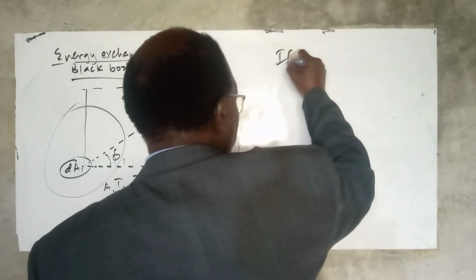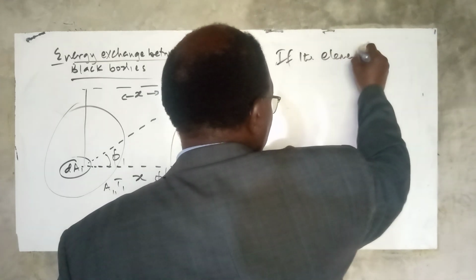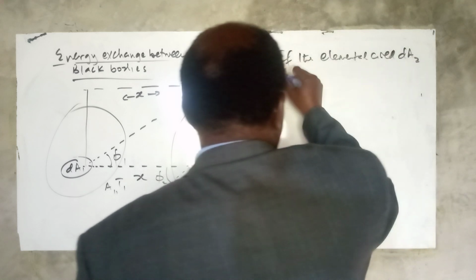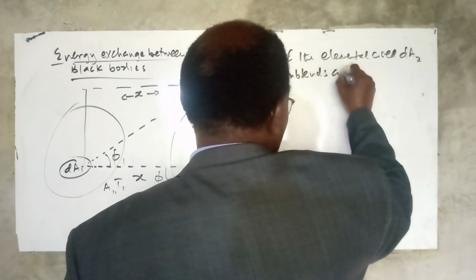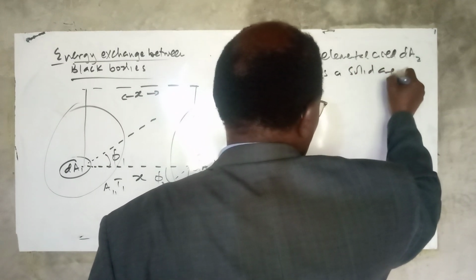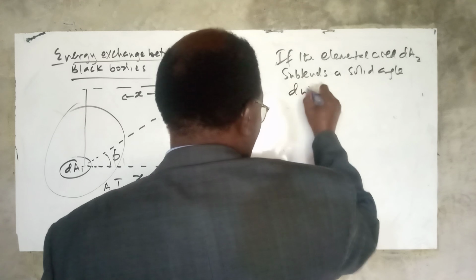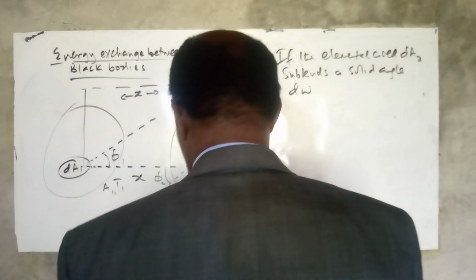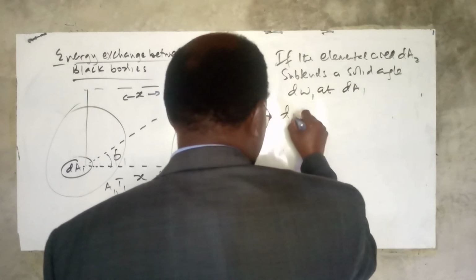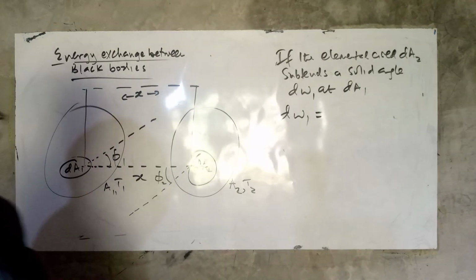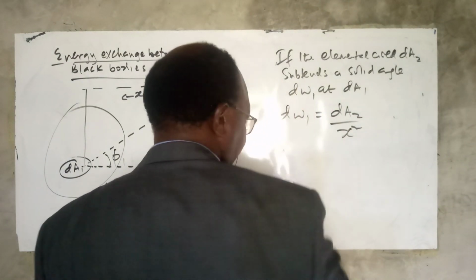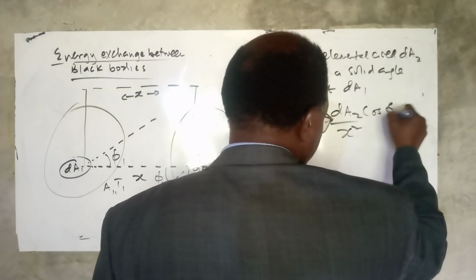So if the elemental area dA2 subtends solid angle d omega 1 at dA1, then you know from our earlier lectures that d omega 1 will therefore be the elemental area 2 over x squared, that distance between them, cosine of phi 2.